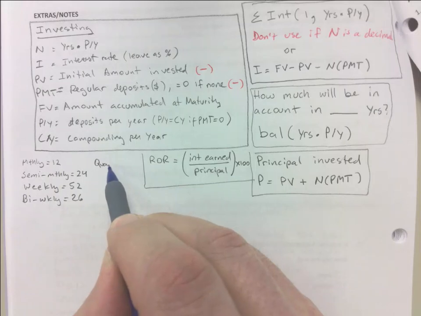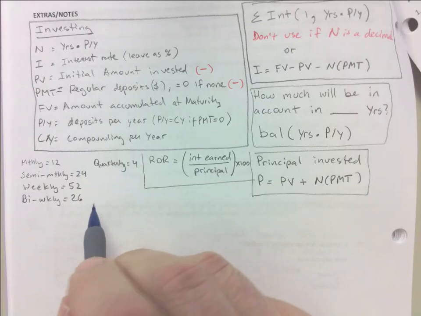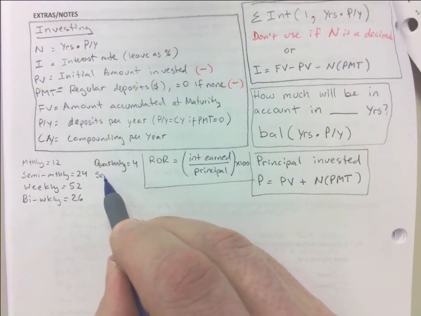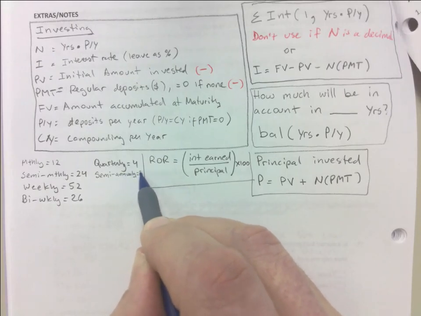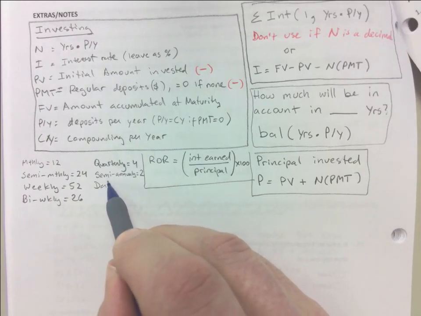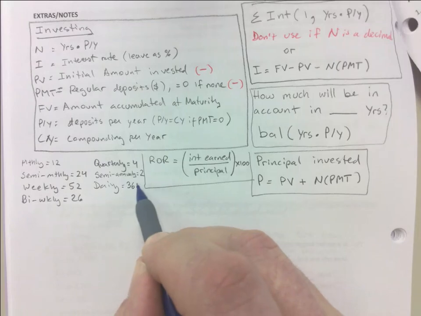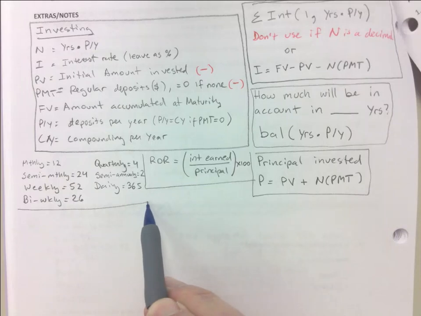Quarterly is 4. Semi-annually is 2. Daily 365. I think that's basically sums it up.